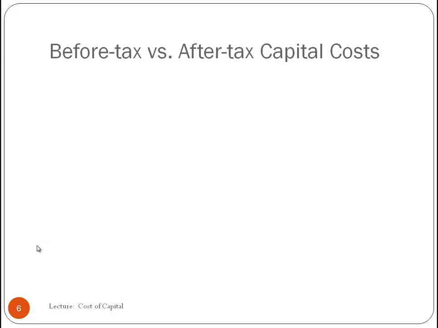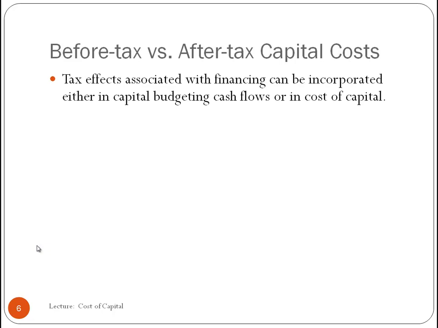So another issue is the taxes. Do we want to look at before or after tax capital costs? The tax effects associated with financing can be incorporated either in capital budgeting, in the cash flows, or in the cost of capital.